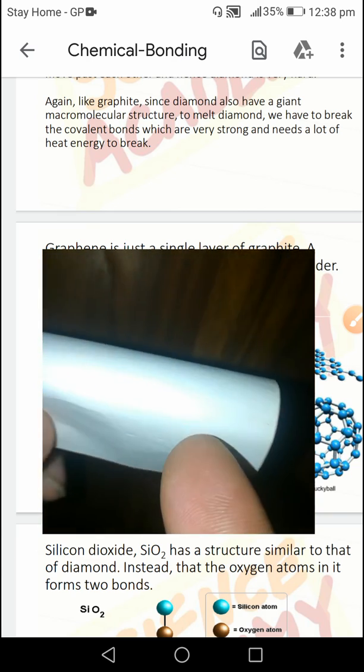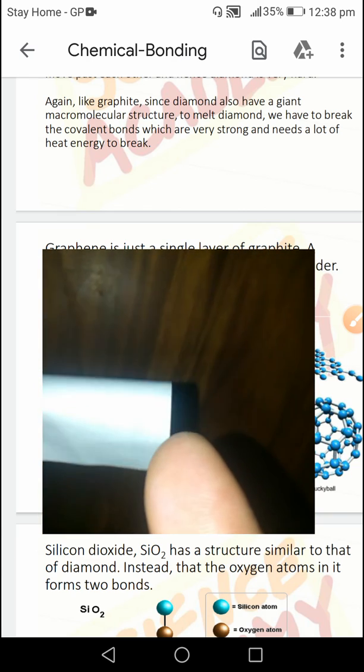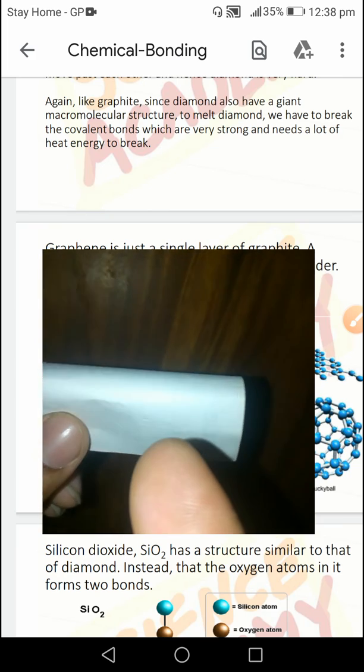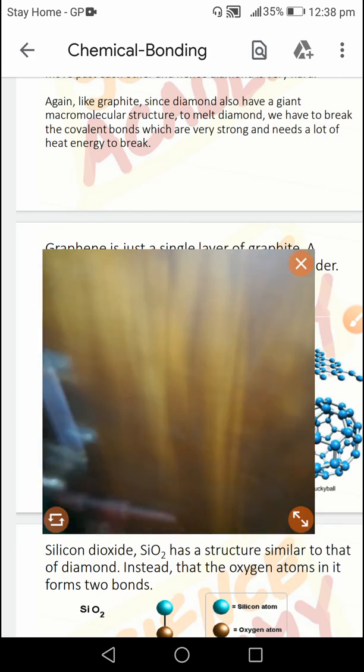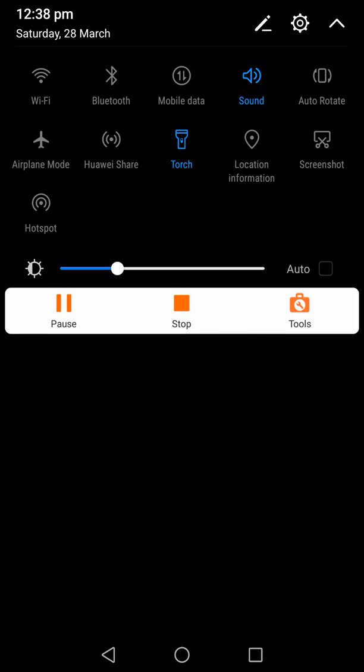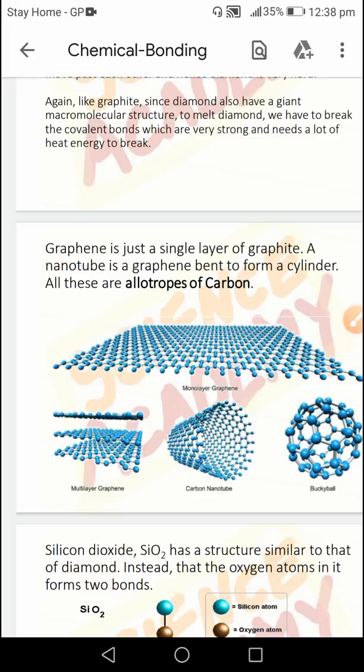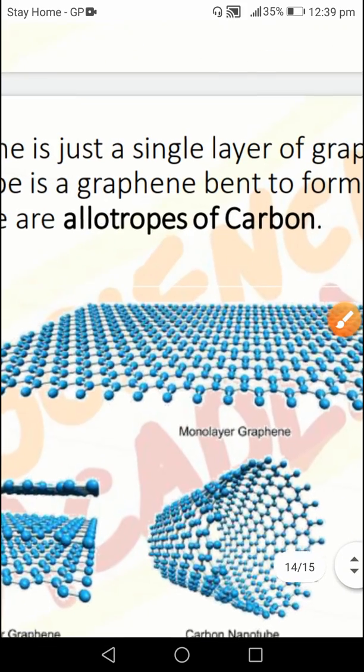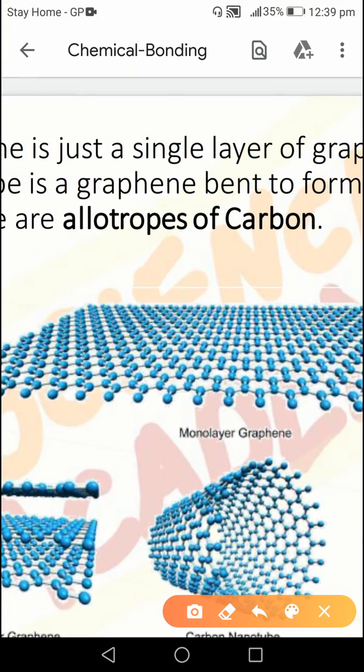Just imagine holding the 2 ends of this paper and then trying to pull it apart. So that's the structure of graphite, graphene, nanotubes, etc. And all these things we are calling the allotropes of carbon.